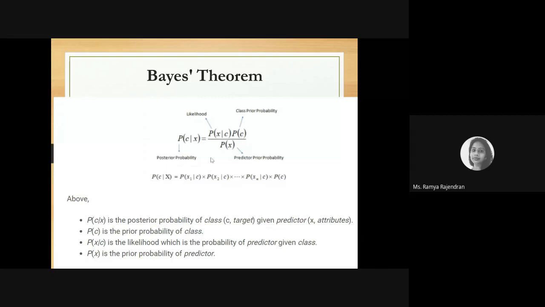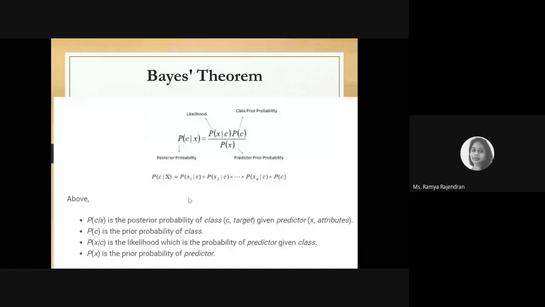So here we have evidence X, and the occurrence of event C given X. For example, during winter, maybe X is the event of snowing, and C is people consuming hot beverages. How many people consume hot beverages when it is snowing? You can call that the posterior probability.